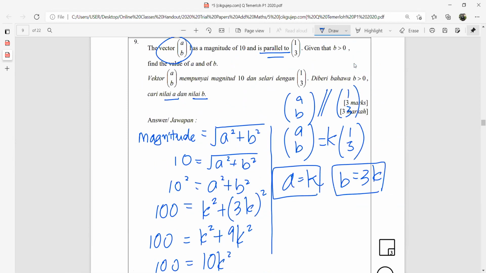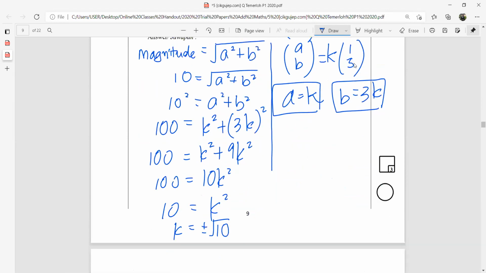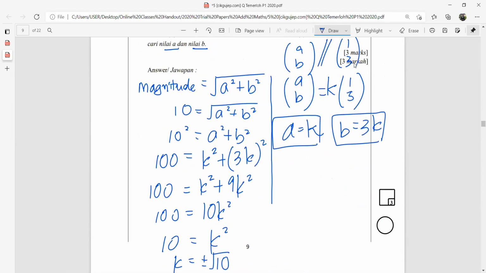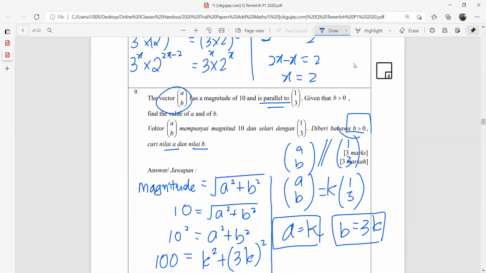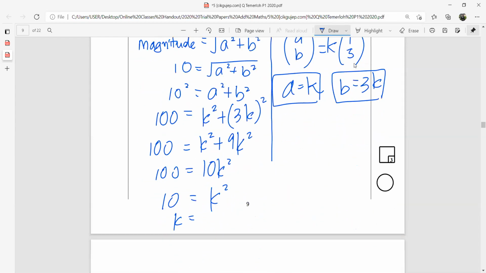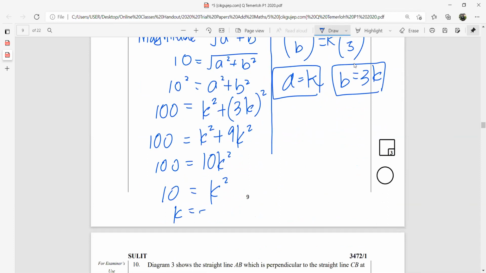And the question says B is more than 0. So if you substitute K equals negative square root of 10, B becomes negative. This condition is important to decide K, because you got two values: positive square root of 10 and negative square root of 10. Which one is rejected?